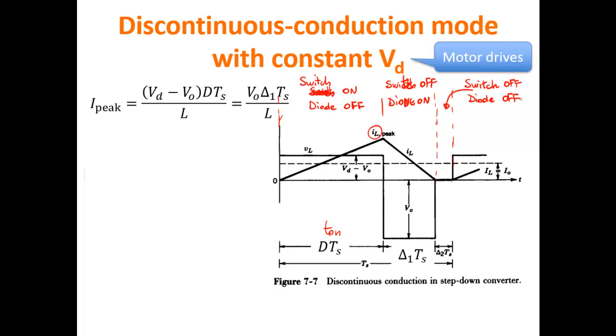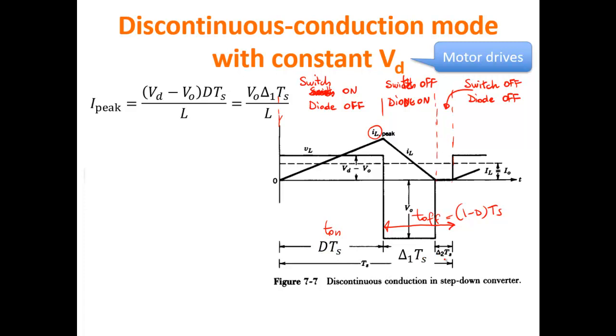So T off is this period, which is 1 minus d times Ts, and we actually need to split it into 2 different periods. A first period that we call delta 1 Ts, and a second period that we call delta 2 Ts. And of course, d Ts plus delta 1 Ts plus delta 2 Ts are equal to Ts.